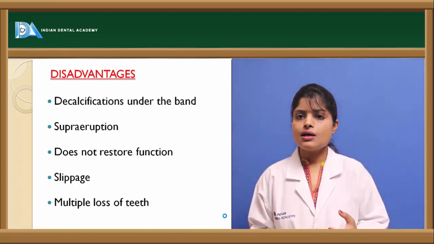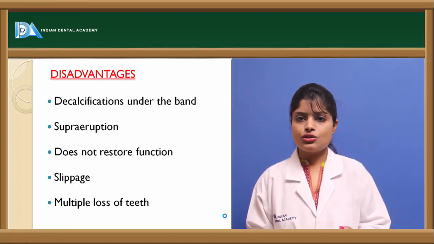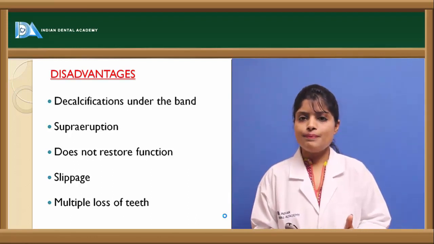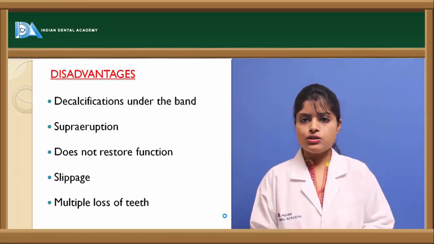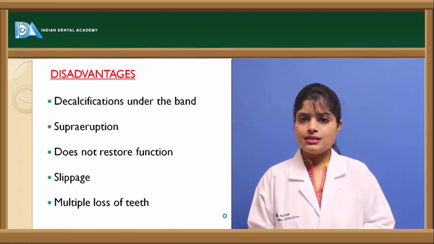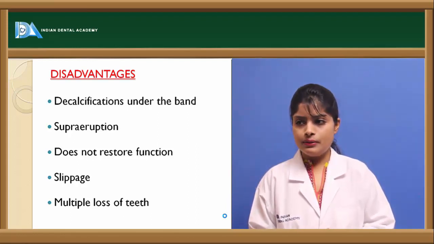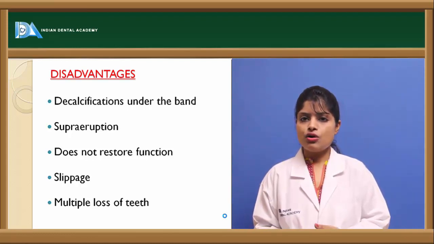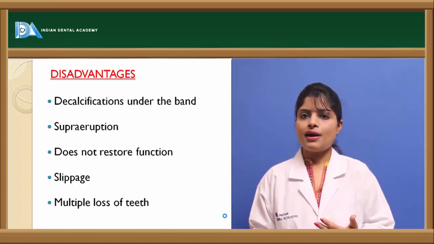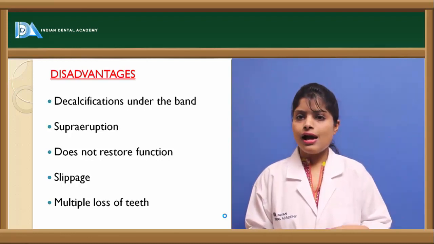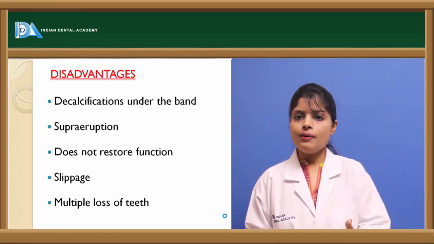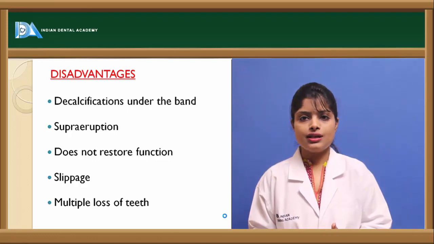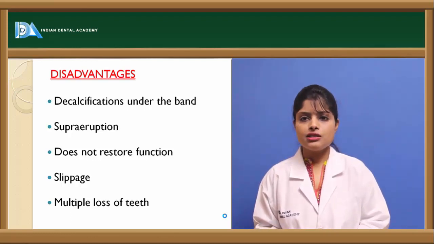Furthermore, it is also subjected to slippage of the band, that is, the arm of the band and loop, or the loop can easily slip down to the gingival level. It cannot be used in the case of multiple loss of primary teeth. An appliance named long band and loop was used in such cases but was not very successful.